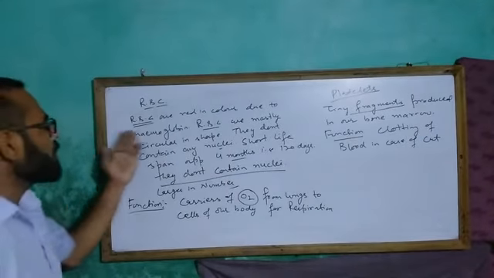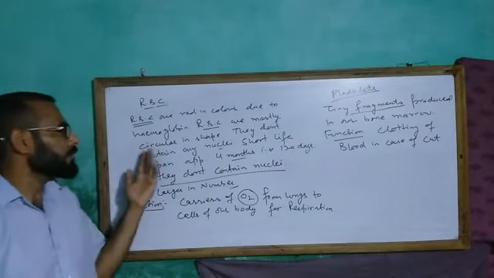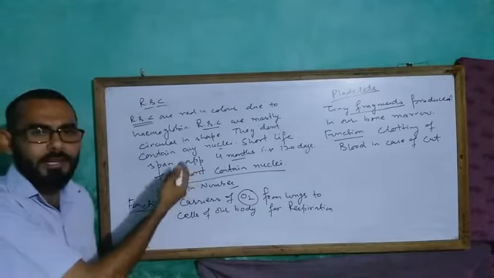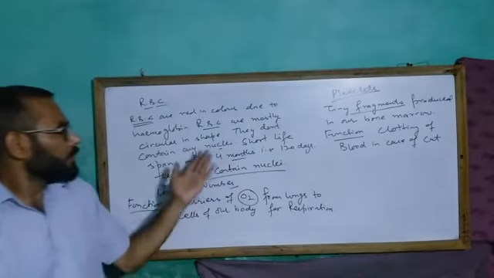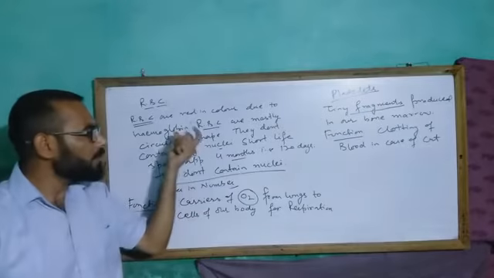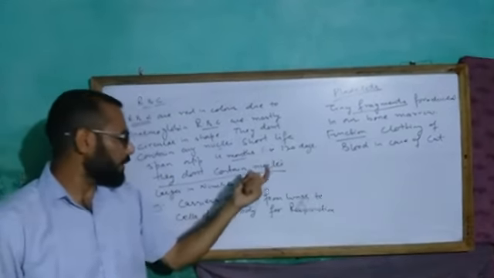So RBCs are red in color due to the presence of hemoglobin in its cells. RBCs are mostly circular in shape. They don't contain any nuclei. Due to the absence of nuclei, RBCs have a short lifespan, approximately 4 months.